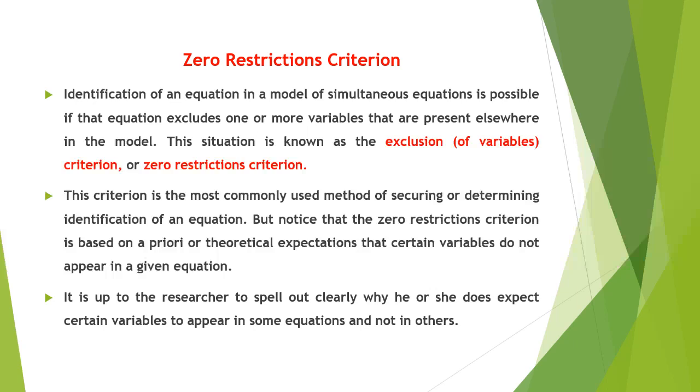This criteria is by far the most commonly used method of securing or determining identification of an equation. But notice that the zero restriction criteria is based on a priori or theoretical expectations that certain variables do not appear in a given equation. It is up to the researcher to spell out clearly why he or she does expect certain variables to appear in some equations and not in others.